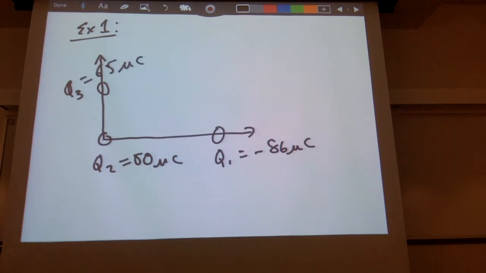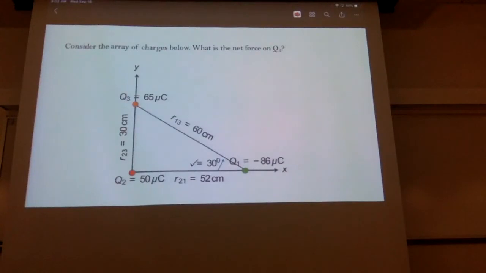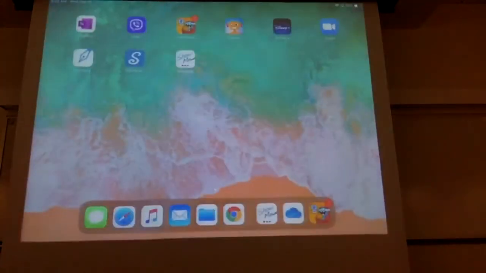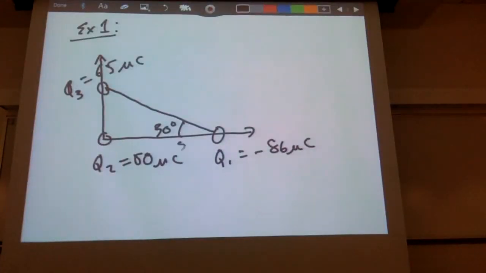This angle is equal to 30 degrees. Let me put in all the distances: 52, 30, and 60. So this is 52 centimeters, this is 30 centimeters, and this is 60 centimeters. All we want to know then is the net force on Q3 here.